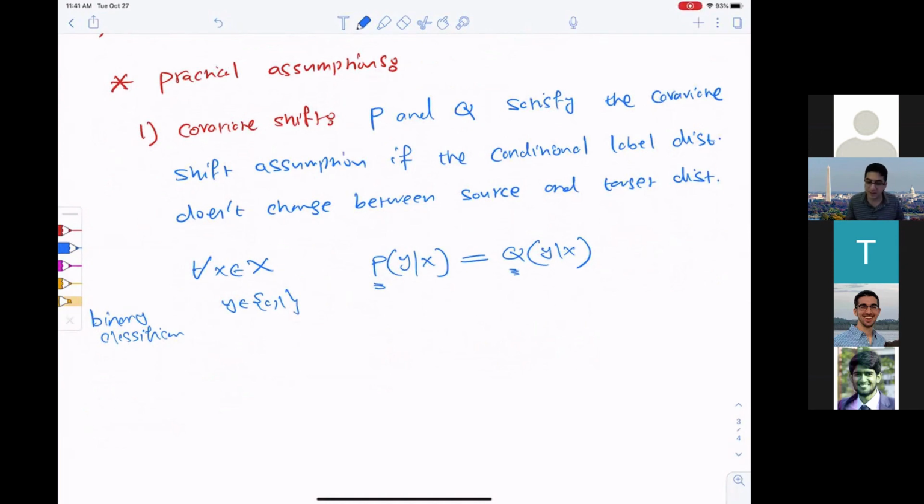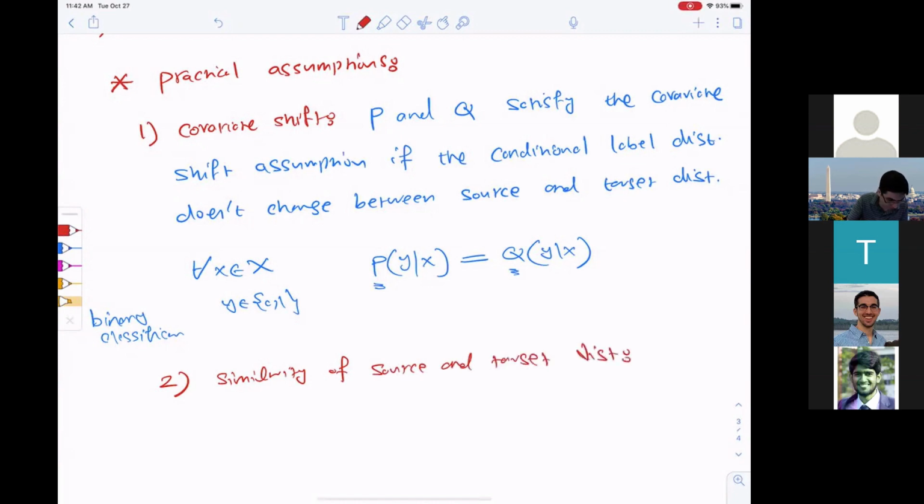In practice, we need some other assumptions. Another assumption that we have in practice is basically similarity of source and target marginal distributions.